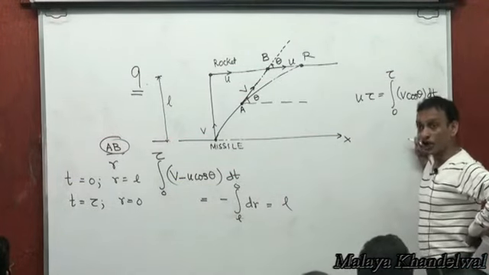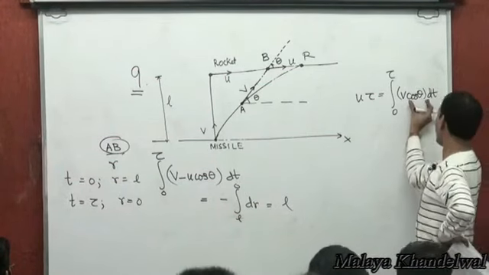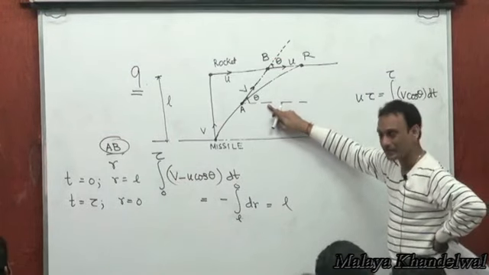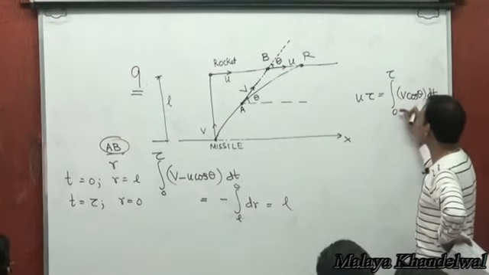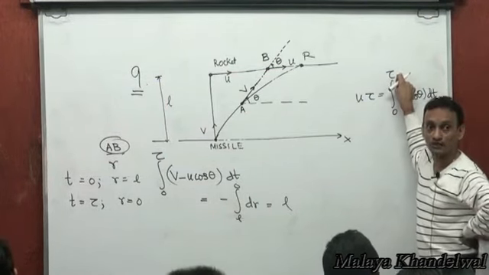Is this not the displacement of the missile in the x direction in tau seconds? In a small time dt, V cos theta into dt is the displacement in the x direction, right? So total displacement in the x direction is the sum of all of this, t runs from 0 to tau.